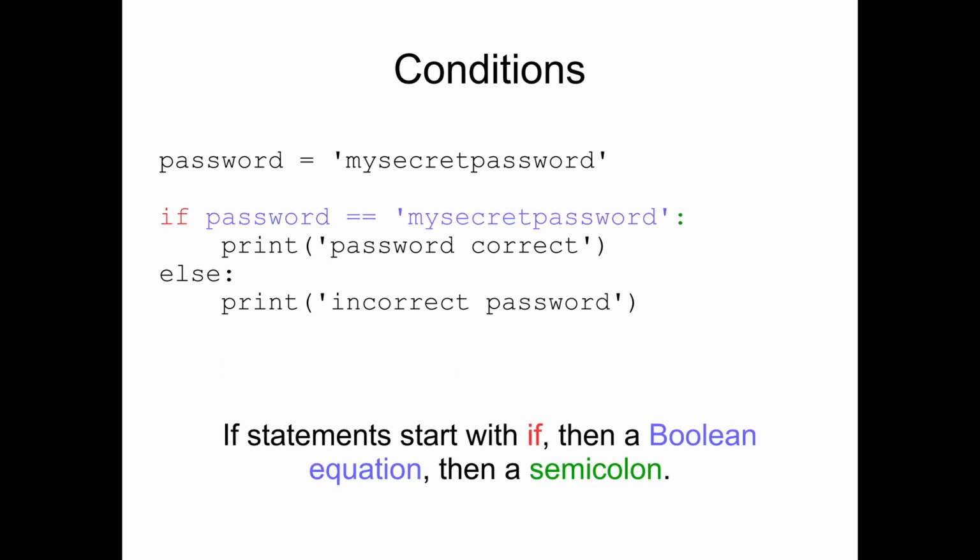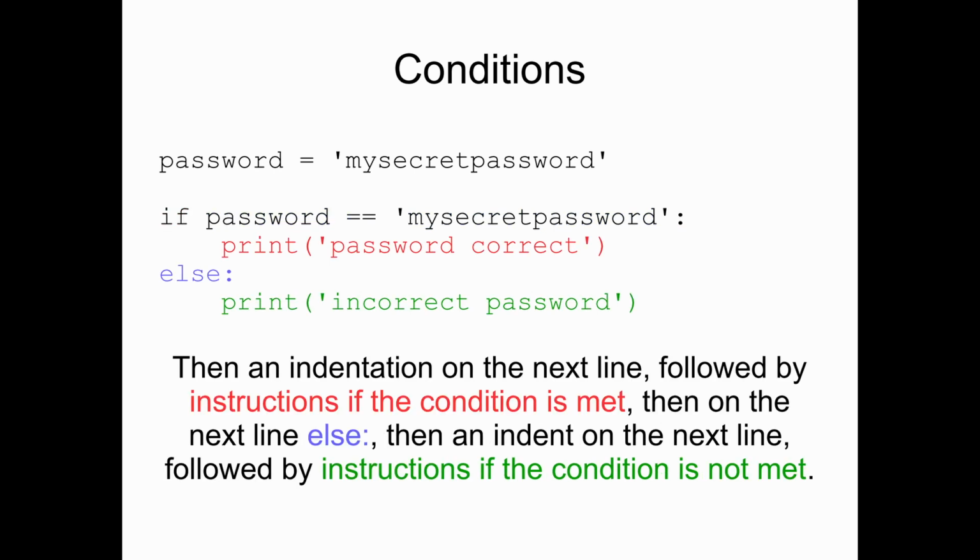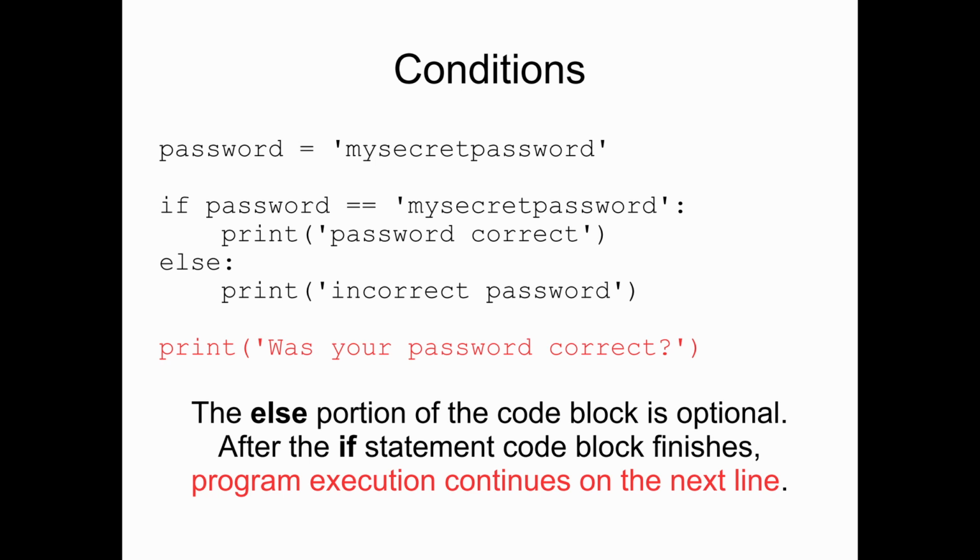If statements start with if, then a Boolean equation, then a colon, then an indentation on the next line, followed by instructions if the condition is met, then on the next line, else, then an indent on the next line, followed by instructions if the condition is not met. The else portion of the code block is optional. After the if statement code block finishes, program execution continues on the next line.